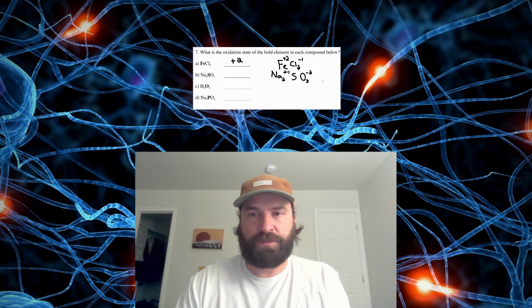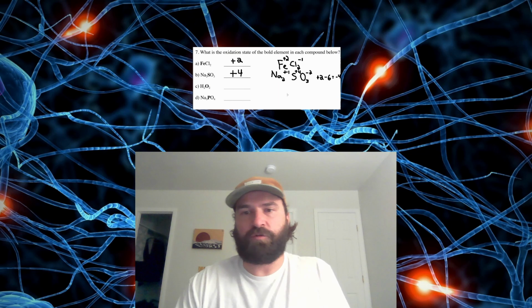So sodiums are +2 total. And then we have oxygen, which is -2 times 3, so that's -6. If we add those two together, -6 plus +2 is -4. But in order to balance that out, the sulfur has to have a charge of +4. So this one is +4. Again, we have to make these add to 0, and that's how we would make that work.